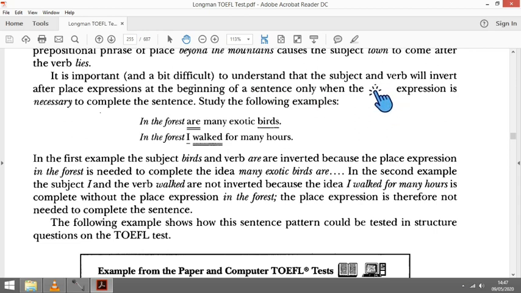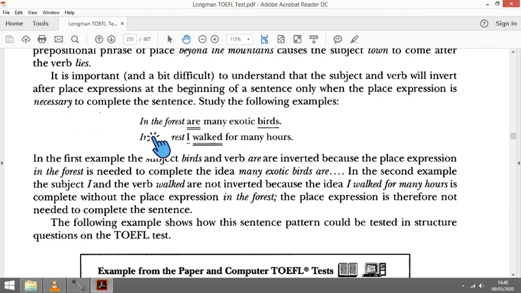If the place expression is not necessary, it is better not to invert that sentence.